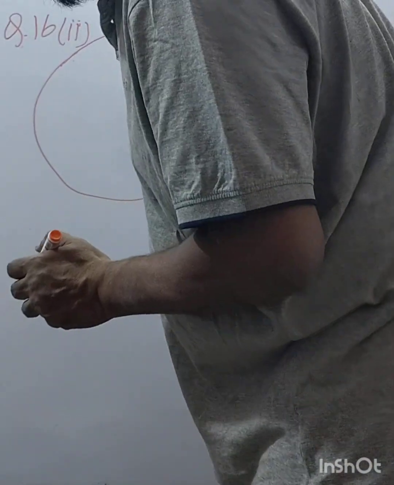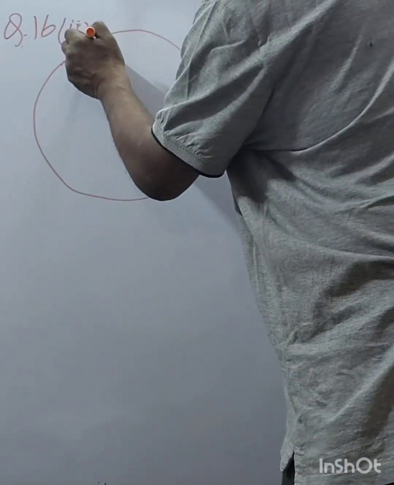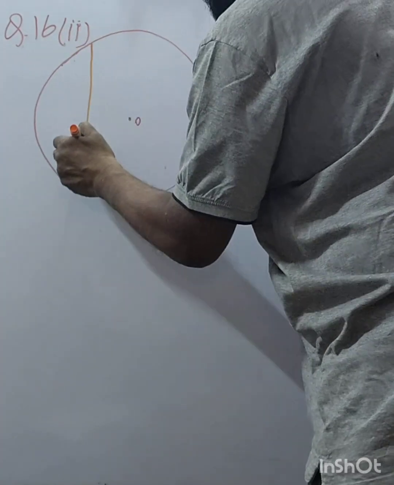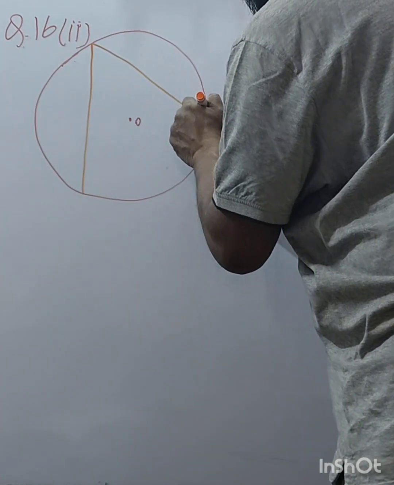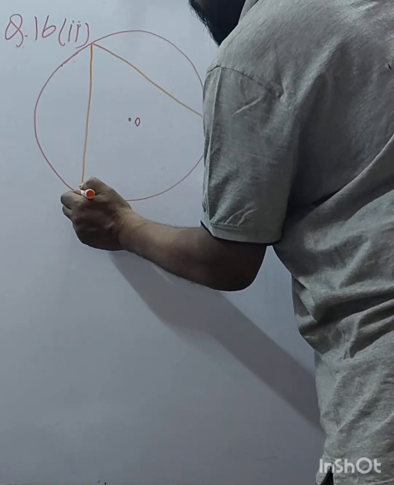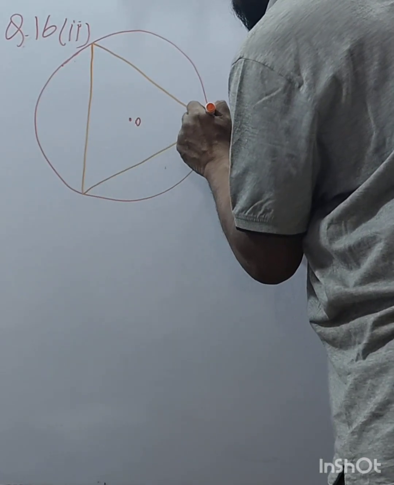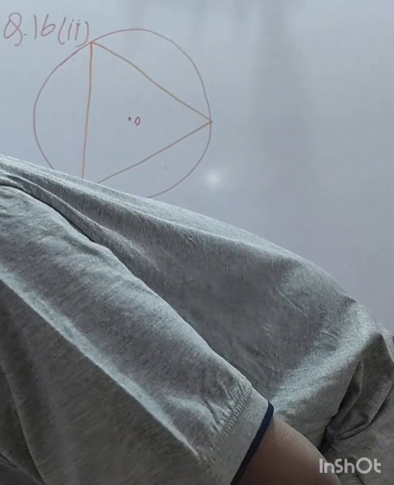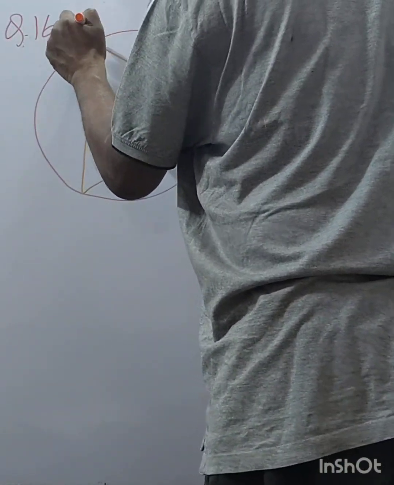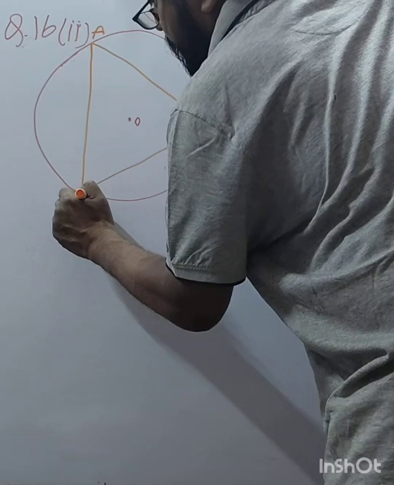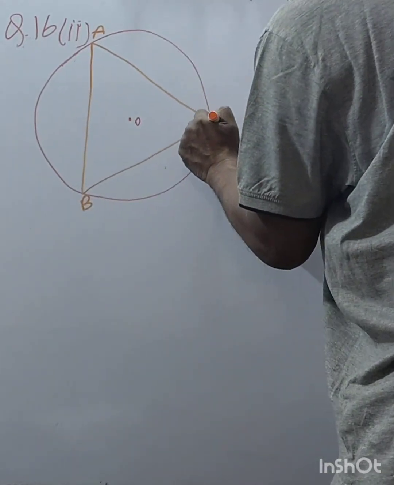Now we have a triangle, right? What are the vertices? A, B, C. Right?